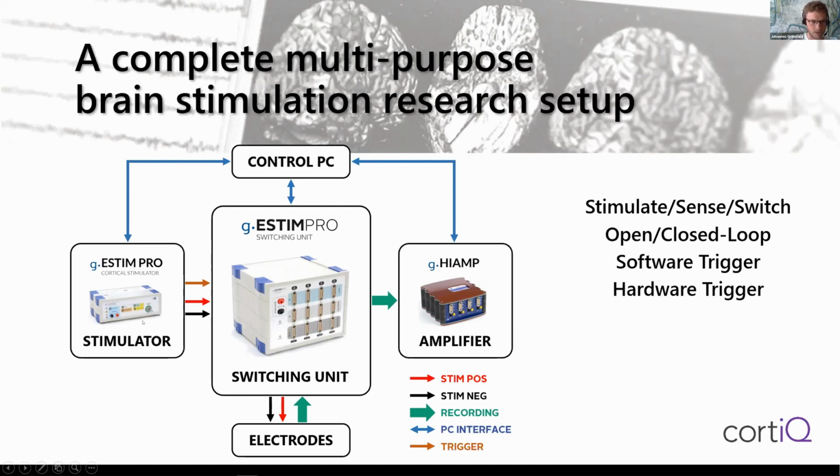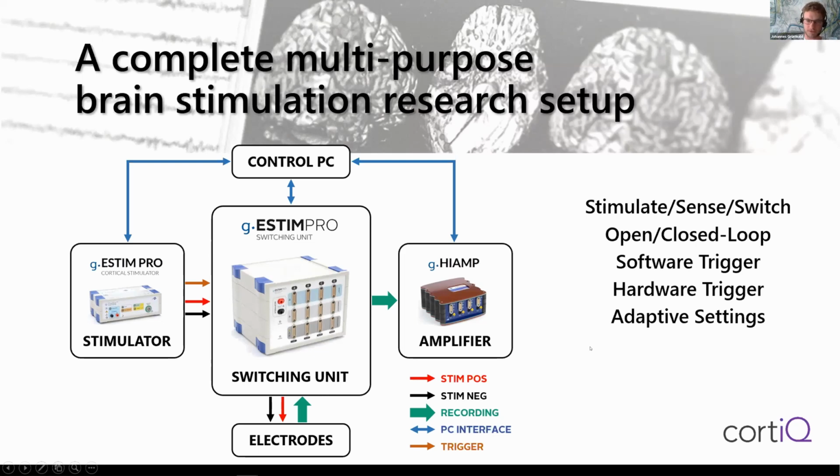It's possible to connect the stimulator physically with a trigger cable to the switching unit, and then in a very fast, high-speed protocol, we can trigger the switching unit by the stimulator and stimulate different areas up to a frequency of 100 hertz.